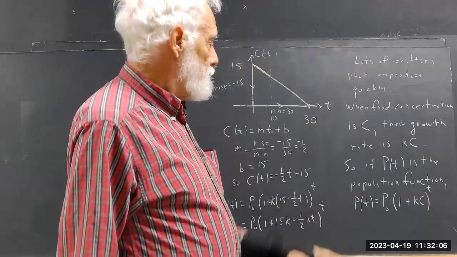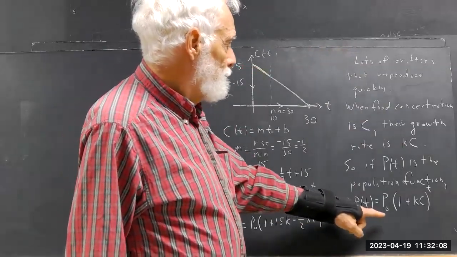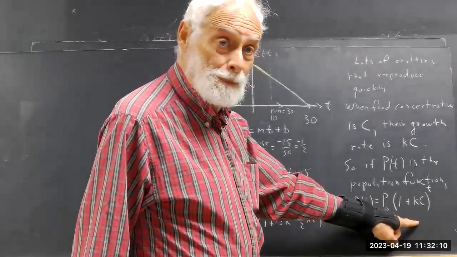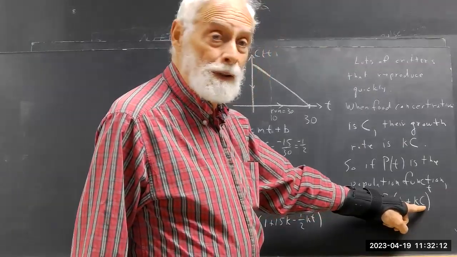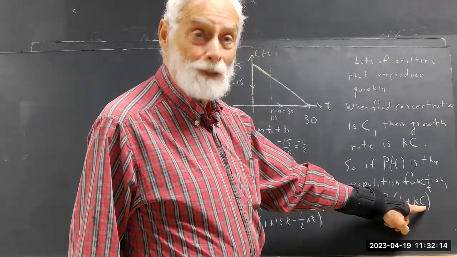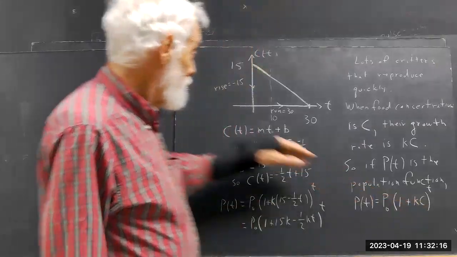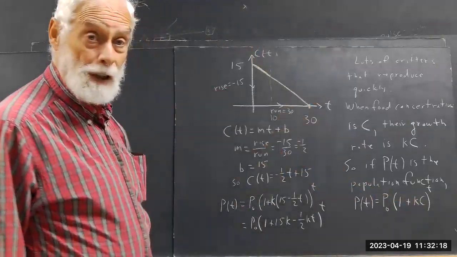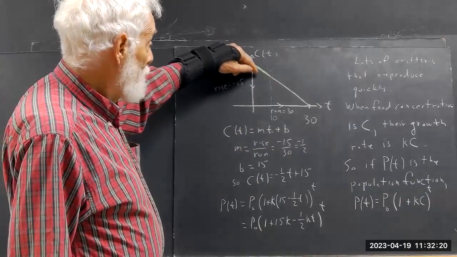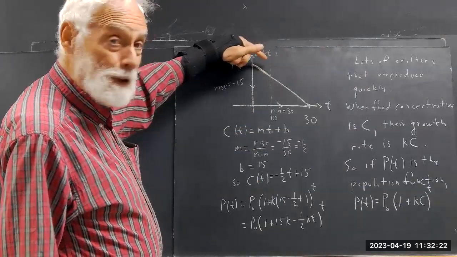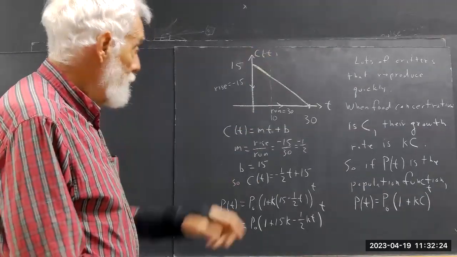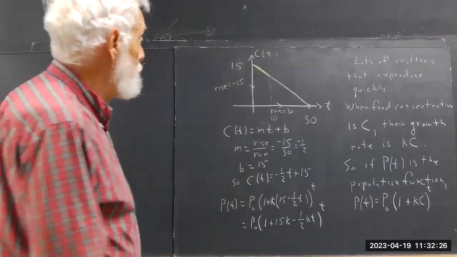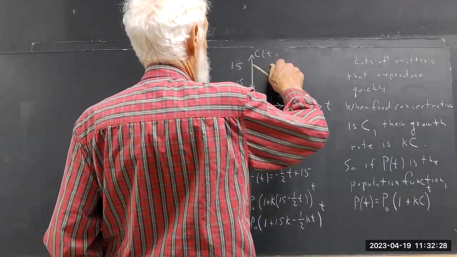Okay, so again, we have this, and we understand that C isn't just a constant number. We said that C changes with time, like we feed them, and then 10 days later, we come back and feed them again. So maybe the actual C of T function is a piecewise function that looks like that.